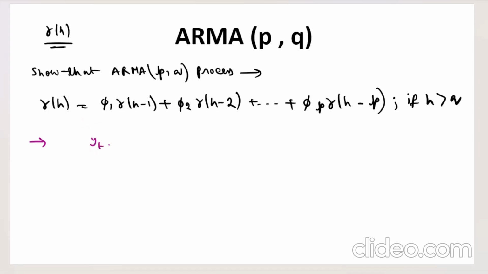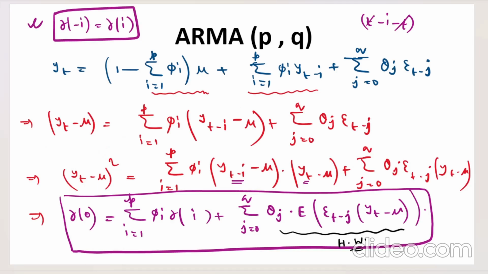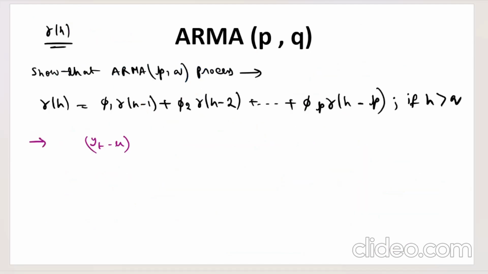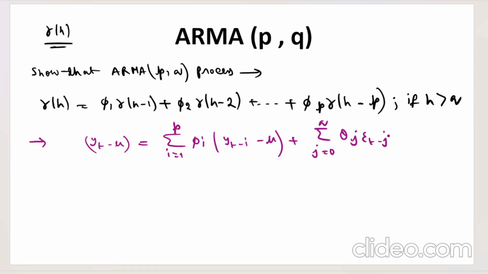So we'll start from this expression, yt minus mu, that we found out earlier. Yt minus mu is what? Summation i from 1 to p phi i (yt minus i minus mu) plus summation j from 0 to q theta j epsilon t minus j. Now we will use our regular process.